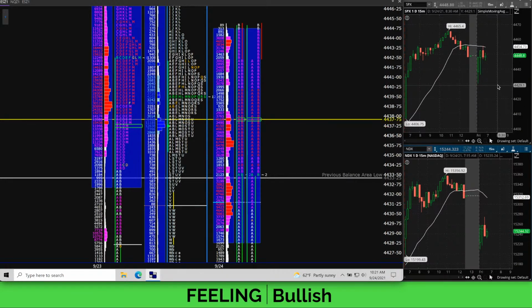I just found that the 30-minute were a little too boring. They didn't give me enough information. The 5-minute or the 10-minute was just too much information. It would cause a lot of noise, a lot of unnecessary trades. So I just found I like the 15-minute candles, and I always stick with those when I'm looking at regular candlesticks.